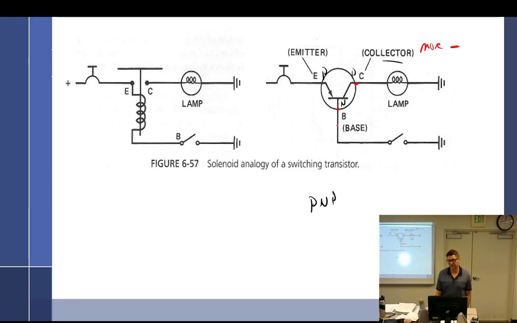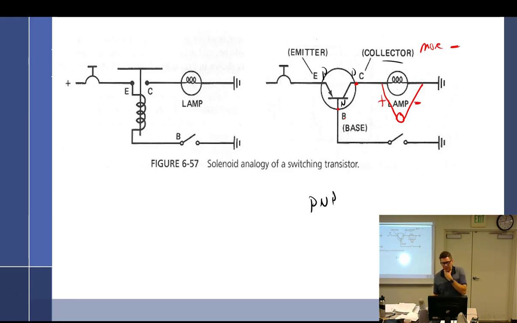Looking for suggestions. It's upstream from the load, so with respect to the load, like if we had a voltmeter here, this would be the positive and this would be the negative. It'd be the red lead over here and the black lead there.